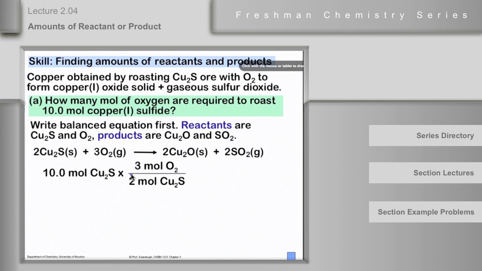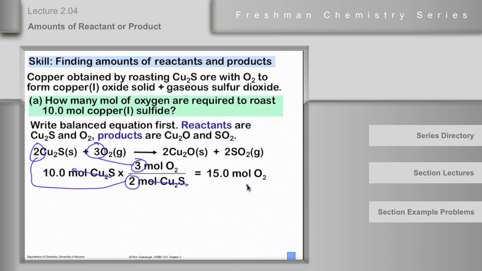So again, as we saw before, here's the 3 for the oxygen, and here's the 2 for the copper 1 sulfide. So if we carry this out, moles of copper 1 sulfide cancel, and the answer is 15 moles of dioxygen. Questions? That's a mole-to-mole case.